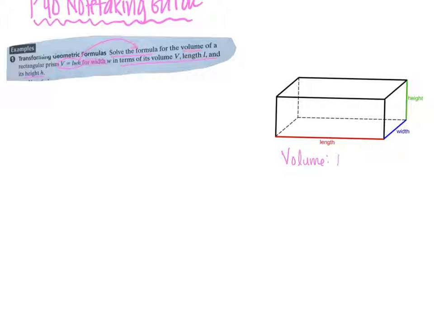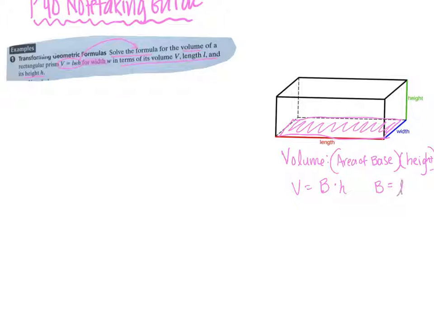Volume is always going to be the area of my base times my height for anything, any kind of object. So if I have a rectangular prism, the area of my base is this area right here, which is the same as what? Well, if volume equals base, this is my base area times height, and my base area, it's a rectangle here. So how do I find the area of this guy?